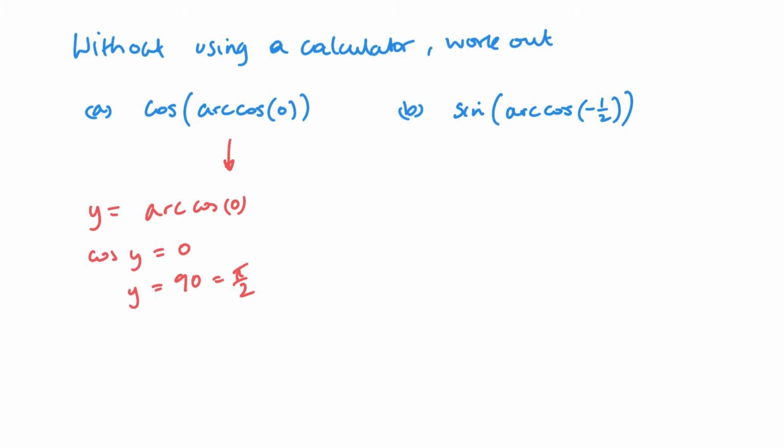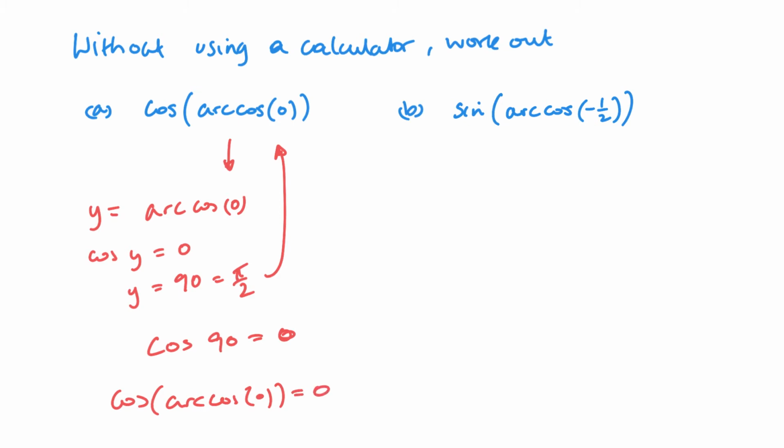Then putting this back into my original, that means I've got cos of 90 degrees, which of course is going to be 0. So cos arccos 0 equals 0.